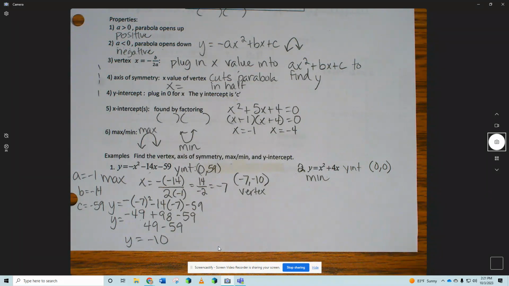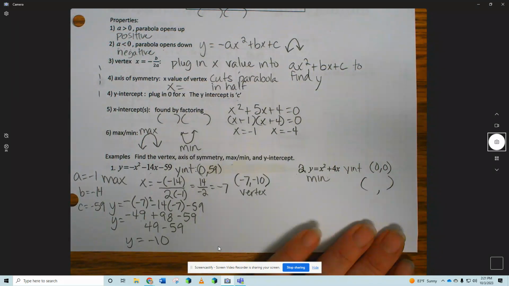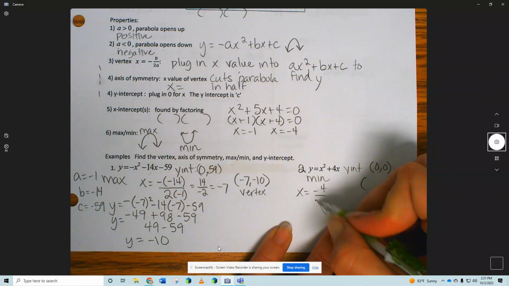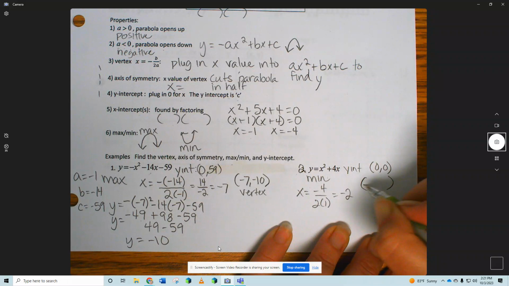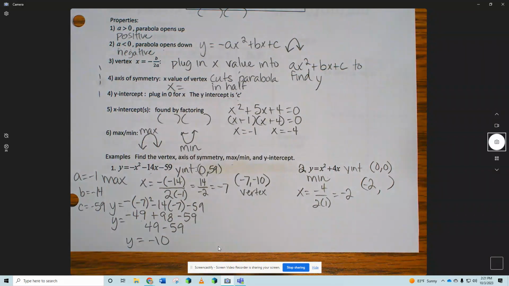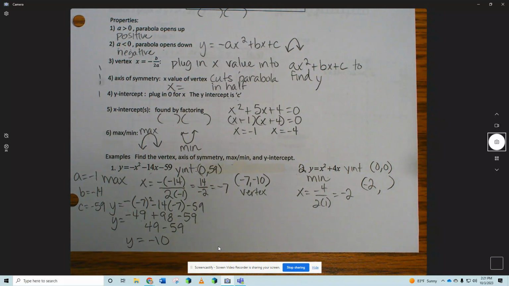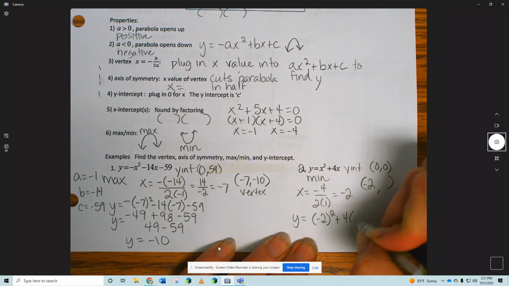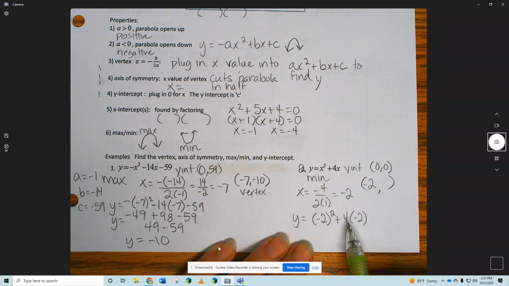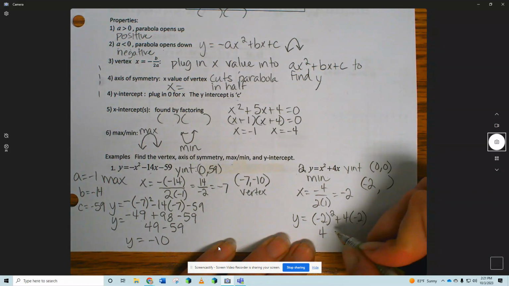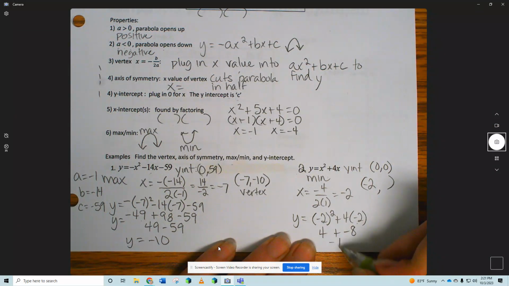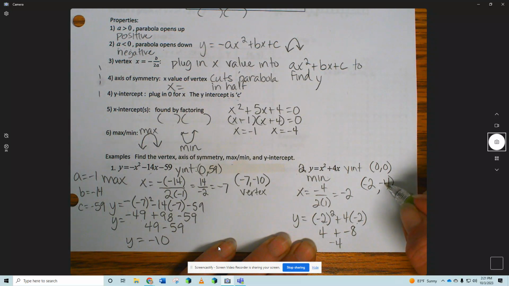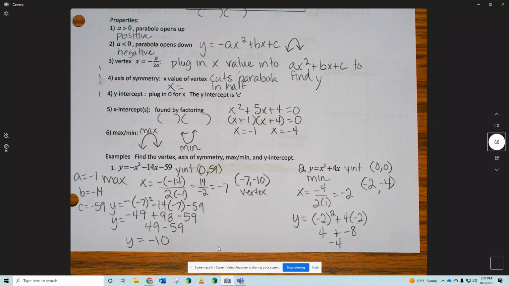All right, what's your x value? Negative 2. Yep. Negative 4 over 2 times 1. And then when you plugged it in, what'd you get? Yeah, negative 4. Negative 2 squared plus 4 times negative 2. X squared plus 4x. 4 plus negative 8. Negative 4. Your vertex would be negative 2, negative 4.